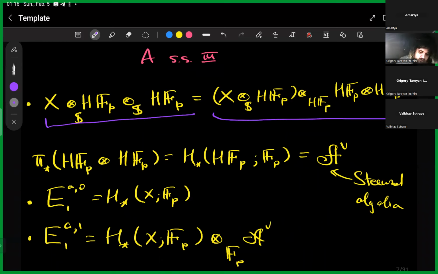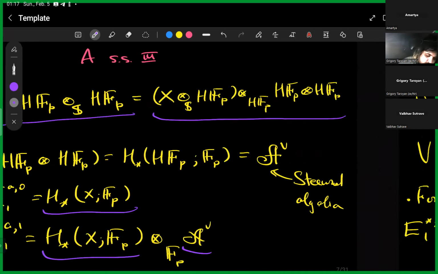We can apply the functor of homotopy groups, and we see that this thing on the right actually just gives us the dual Steenrod algebra, because it's the F_p homology of the F_p Eilenberg-MacLane spectrum. And then this means that the zero row is like this, and the first row is just the tensor product of homology with the dual Steenrod algebra over the ground field.